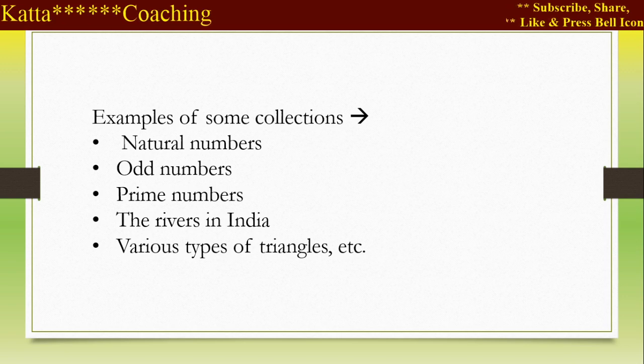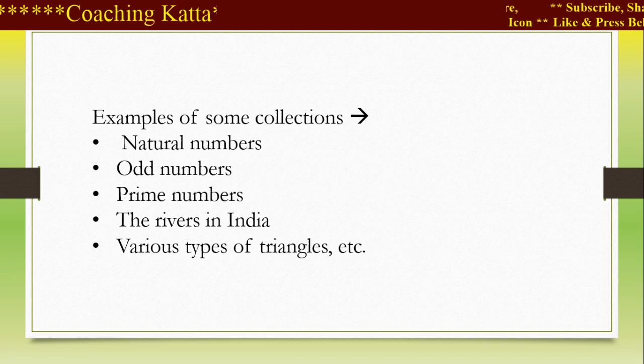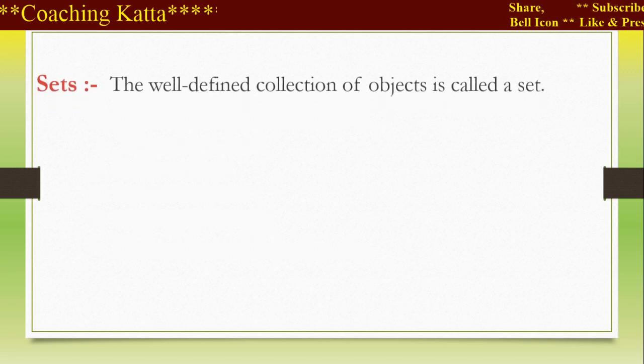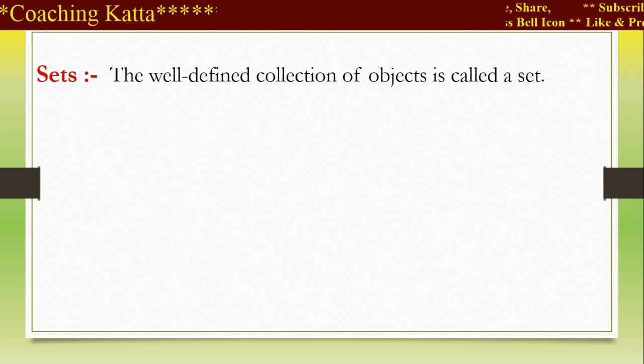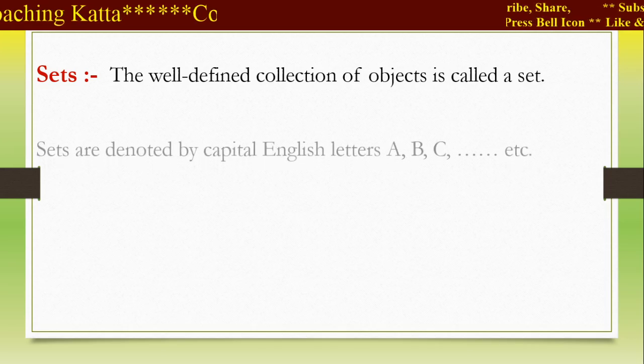That is, it is not a well defined collection of girls because the criteria for determining beautifulness may vary from person to person. Thus, it is not a well defined collection. Therefore, we shall say that a set is a well defined collection of objects.